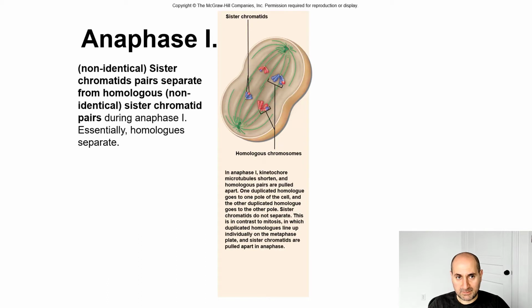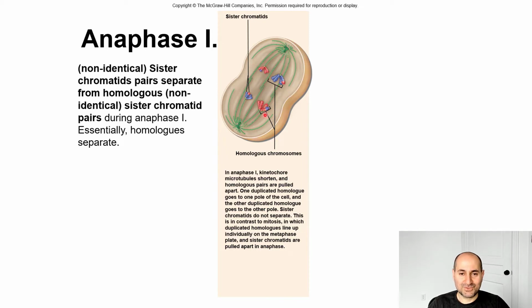Next, we want to know what happens during anaphase 1. During anaphase 1, the tetrads break apart, right? So what you need to know is what's written here in bold. Non-identical sister chromatid pairs separate from homologous sister chromatid pairs. What that means is the red sisters separate from the blue sisters, or the maternal homologous pair.